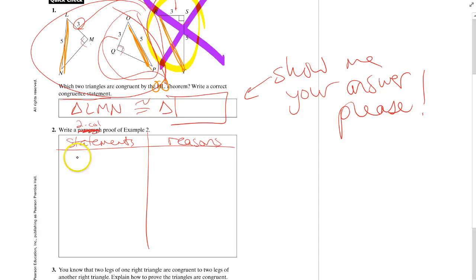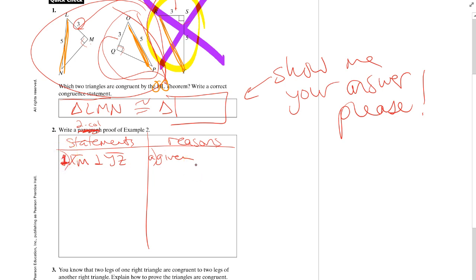So here we go. First, I'll write one of the givens. XM is perpendicular to YZ. Oops, and let me number these statements. That's a 1. Here's an A. 1, 1, 1.